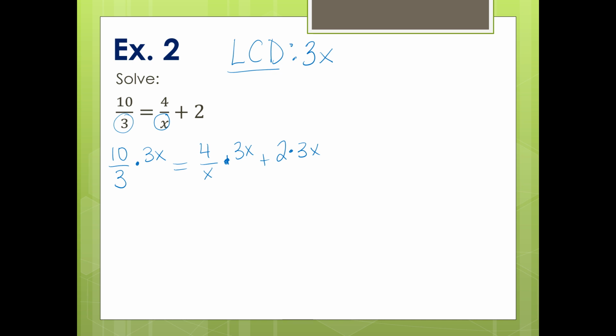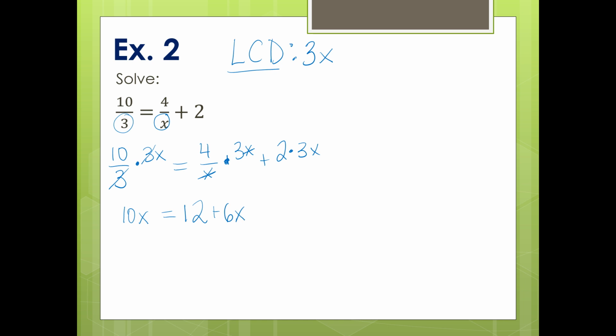When we have 10 over 3 times 3x, the 3 is on the top and the bottom, so it cancels out. We are left with 10x. On the other side, our x cancels out with our x, and we're left with 4 times 3, which is 12. Then we have 2 times 3x, which gives us 6x.